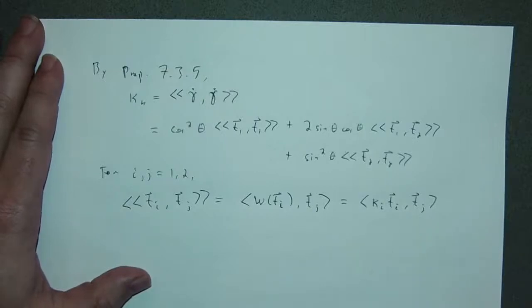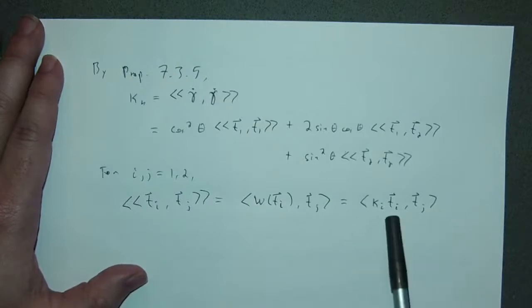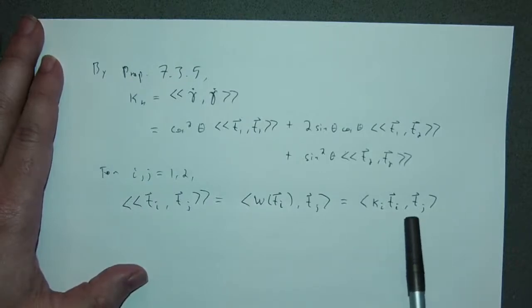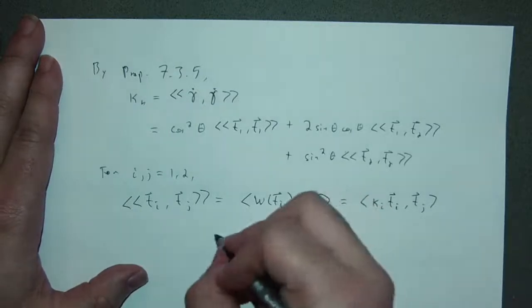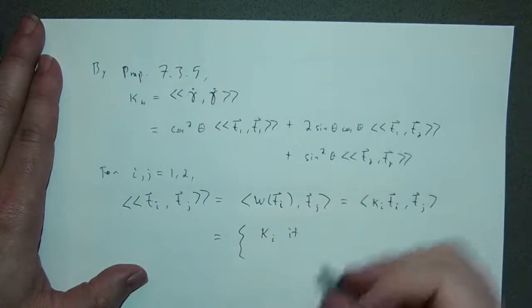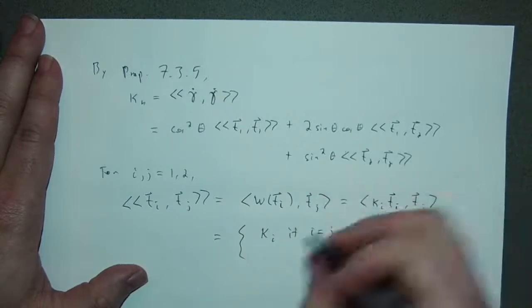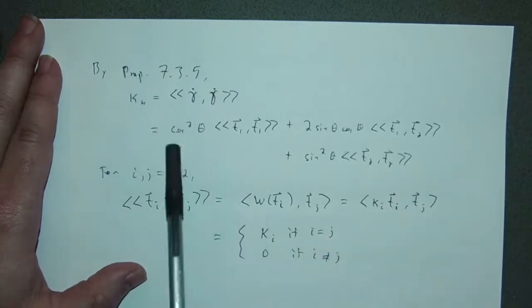Well, what is this? If i and j aren't equal, these things are orthogonal. If they are equal, then since they're unit vectors, I just get kappa sub i. So this is equal to kappa sub i if i is equal to j, and 0 if i is not equal to j.